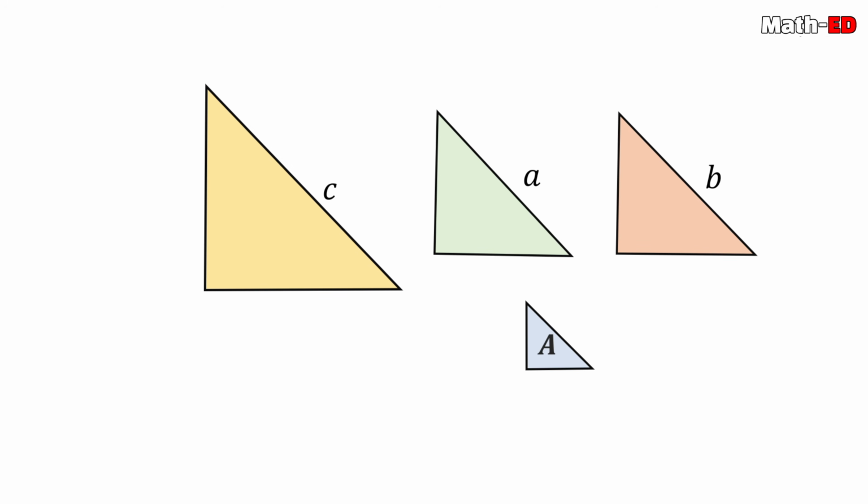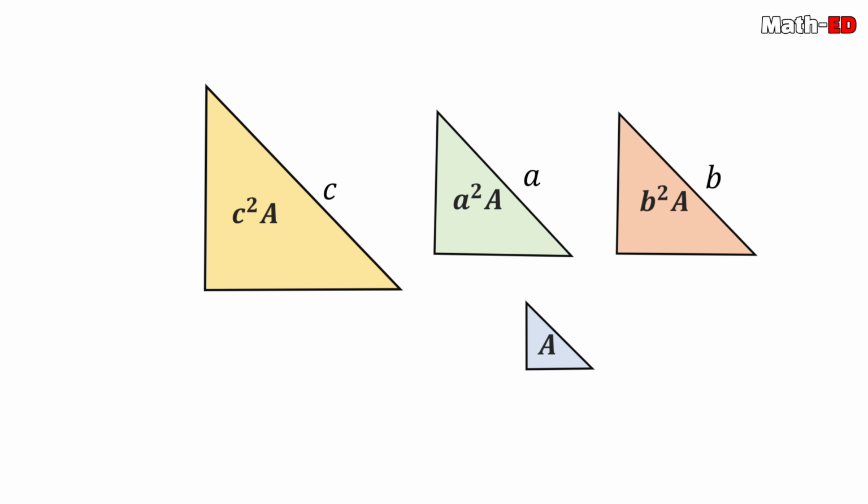So if the tiny triangle has area A, then the area of the large triangle will be c² times A, the area of the triangle having hypotenuse length a will be a² times A, and the area of the right angle triangle whose hypotenuse is b will be b² times A.